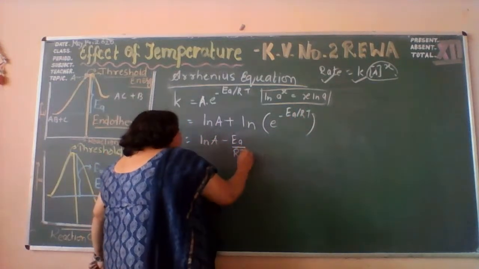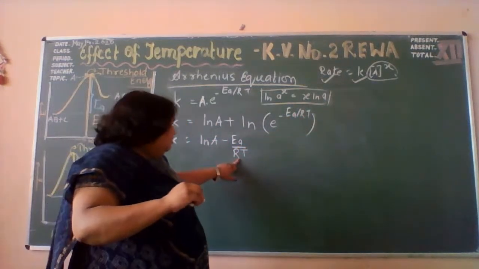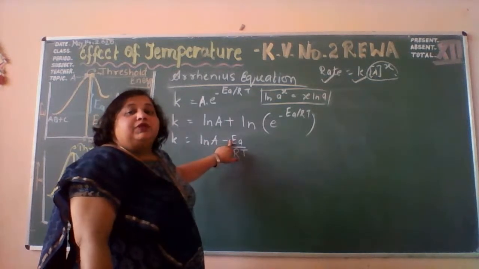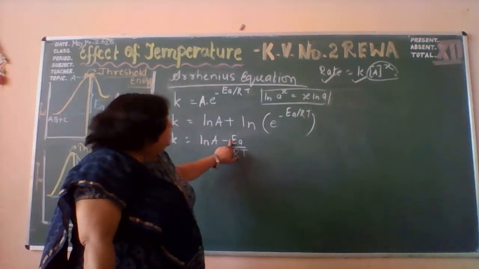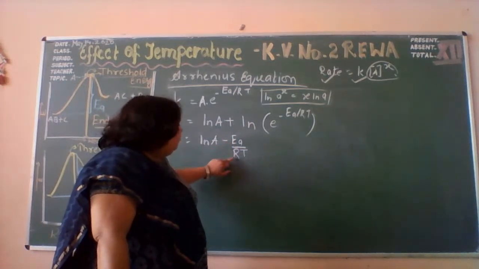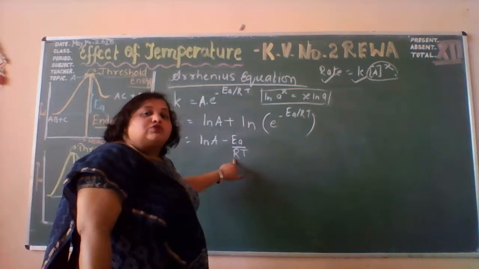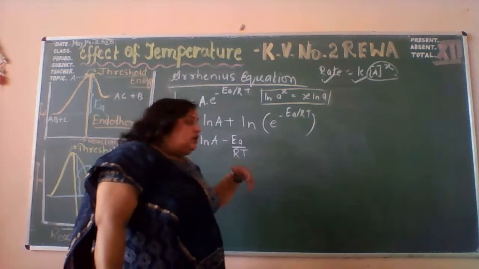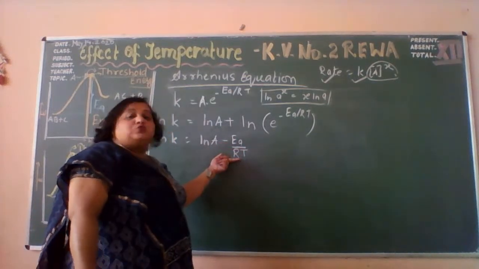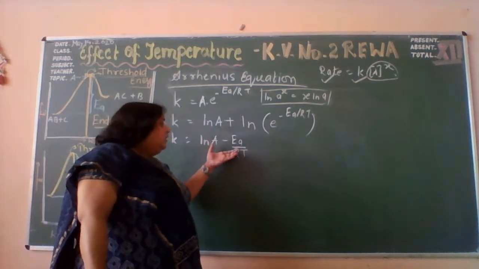One very important thing about the gas constant I want to say: here it is the energy. That means energy will be in joules. What will be the unit of energy? It will be the joule. So definitely you have to take the value of R also in joules. There are so many values of the gas constant. Which one is best suited, you have to see in the equation.